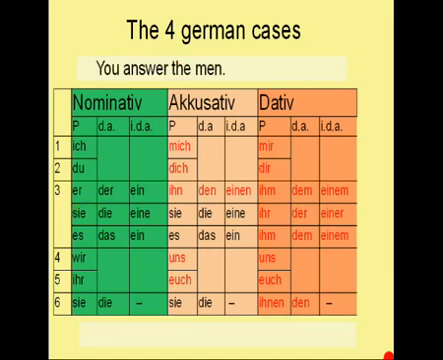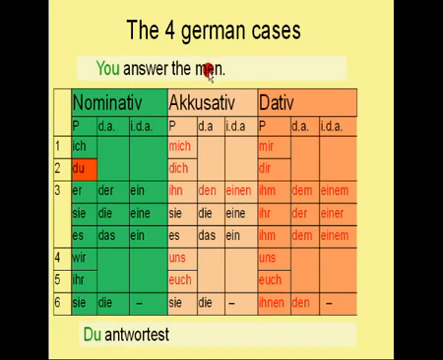Now let me show you a special rule for the dative by an example. We have here the sentence You answer the man. You is the subject of the sentence, and therefore the sentence starts with Du antwortest. Do you remember which case follows after the verb antworten? It was the dative case. So now let's see what kind of article we have. We have in English the definite article the.